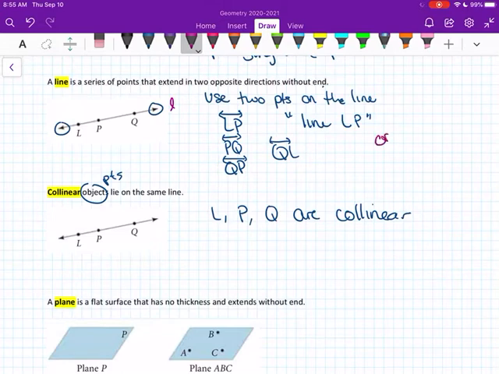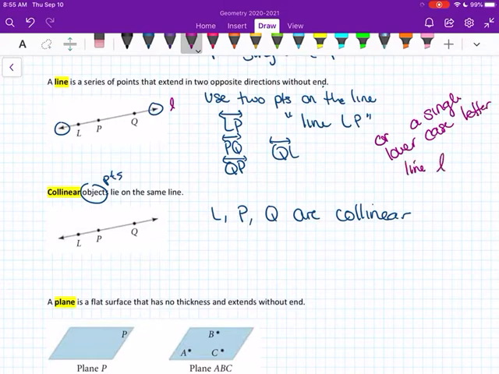But you can also use a single lowercase letter, and we would call that line L. And those are typically cursive. I don't know why. That's just another way. So if there's not any points on the line, you might see it as a single lowercase letter.